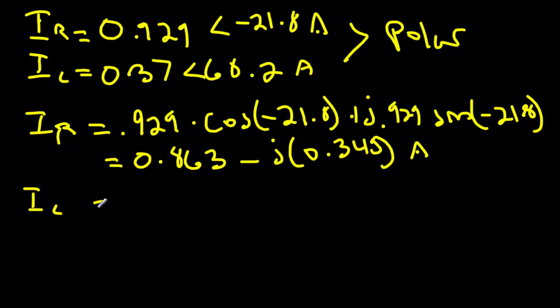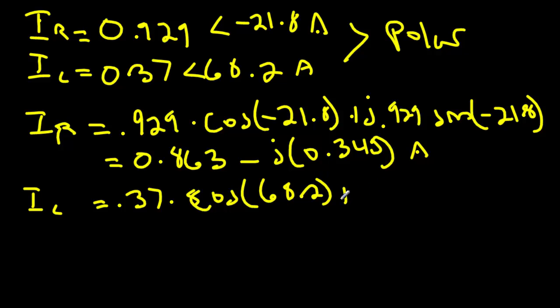Now I_C, we do the same exact method. So we have 0.37 times the cosine of positive 68.2, plus j times 0.37 times the sine of 68.2.